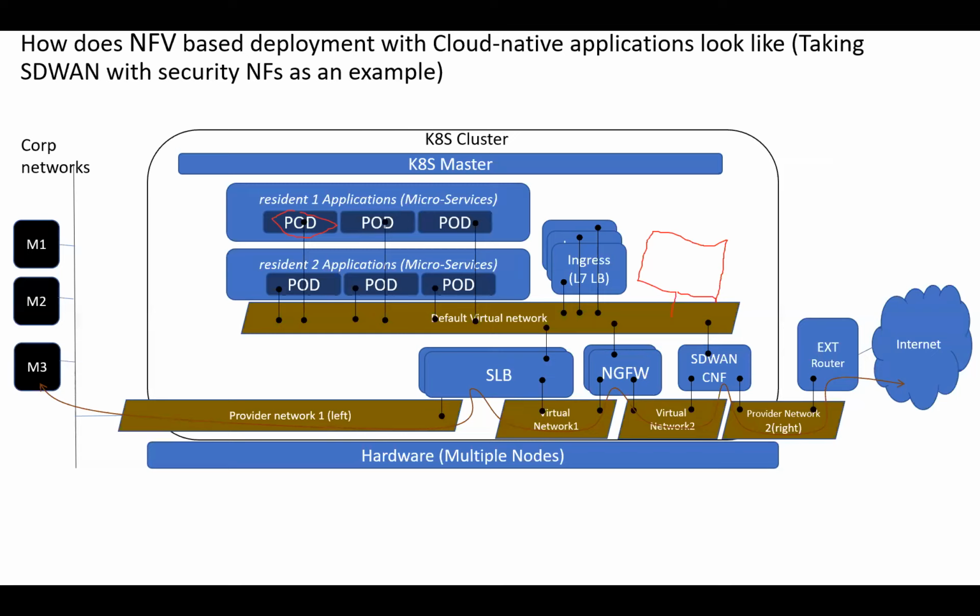If we draw this CNF here, it's connected to the network, and traffic going from that pod to this pod should be intercepted by another pod. So basically like a filter.